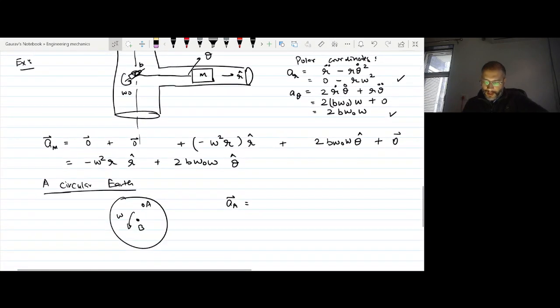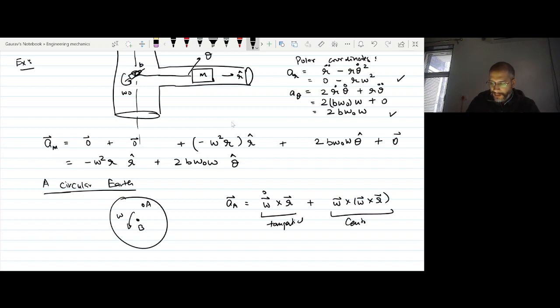So all we have is the tangential acceleration and the centripetal acceleration. So what we see is that the tangential and the centripetal terms have nothing to do with the movement of A on the earth.